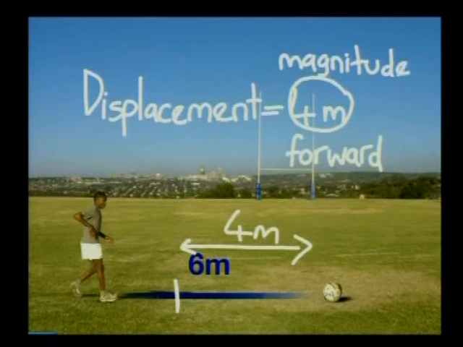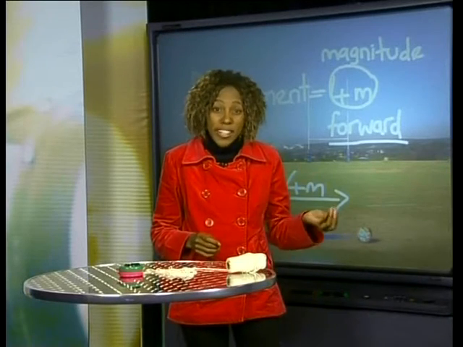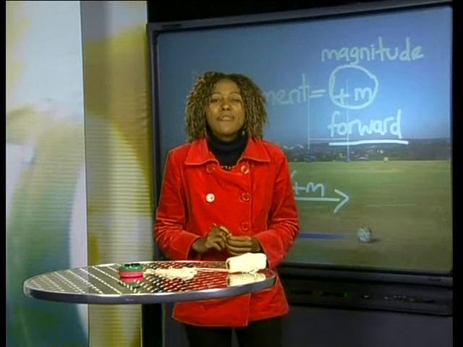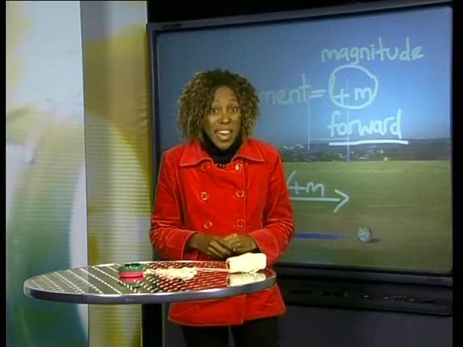We call this the magnitude. And we describe in what direction the ball has moved. When a quantity requires both magnitude and direction to be specified, it is called a vector. It is important to note that displacement is a vector.